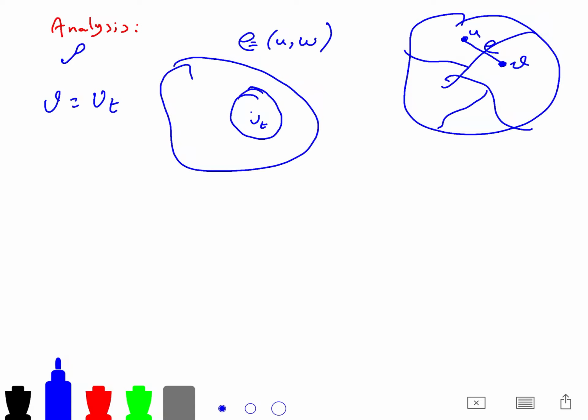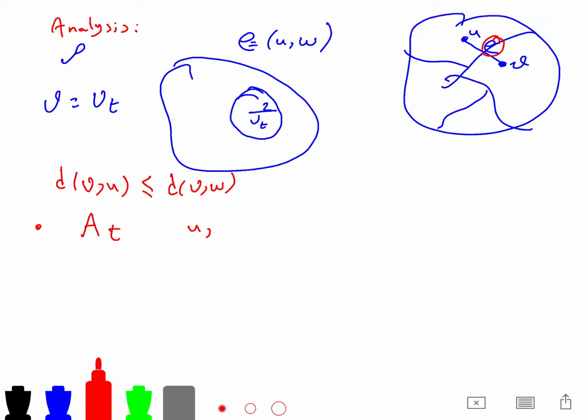This is Z, the random radius chosen at the Tth stage, and we define the events in the construction with respect to the edge E. And we assume that without loss of generality, we can use D of V of U is less than D of V of W. And so let's say that AT is the event that U and W is in UT.